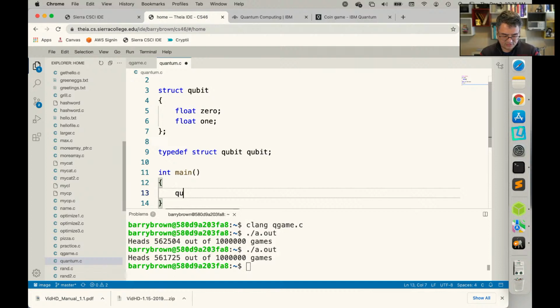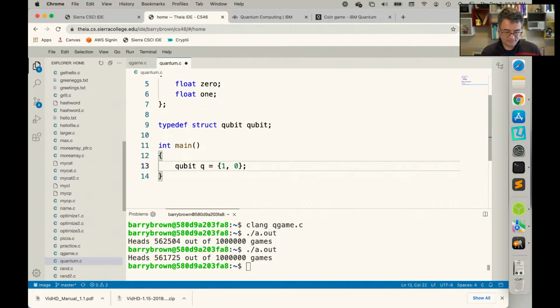So we can do this. Qubit, let's call this Q equals, and then we could do 1, comma 0. We could also do qubit B equals 0, comma 1.